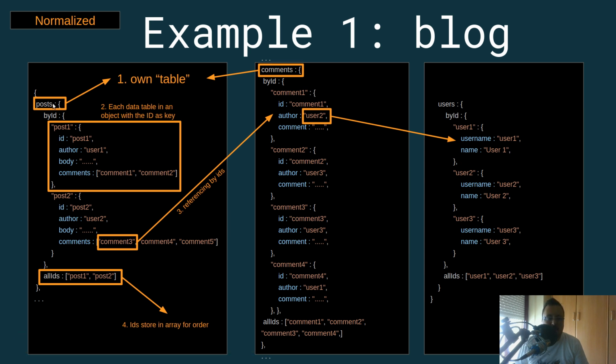So we have posts, and we have 2 posts, so we have here the IDs for those posts. So here you see, maybe the next time we access this object, the first property of that object is post 2 or post 1, so we can't depend on that.